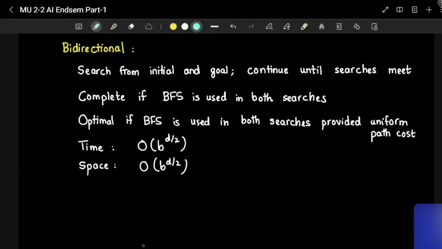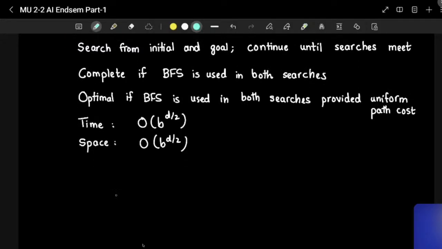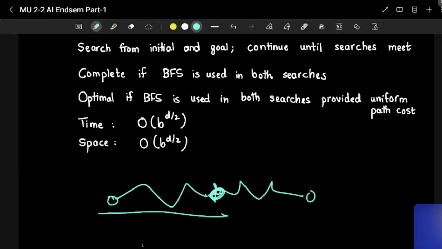I do not have explanations as to why BFS makes it optimal, but I think complete you can understand, because whenever from the initial state and from the goal state you reach the intersecting state, you can for sure say that there is a path from the initial state to the goal state, which makes it complete.